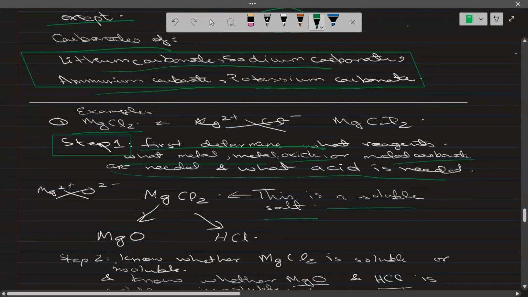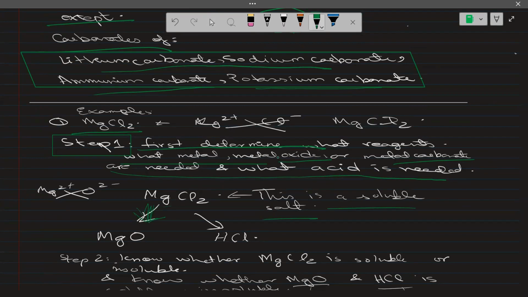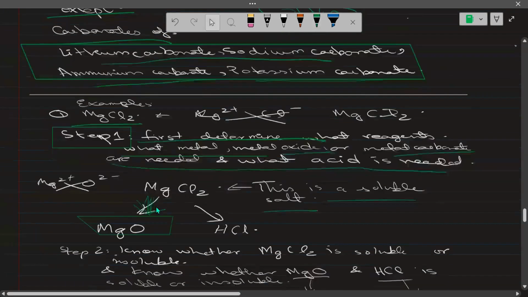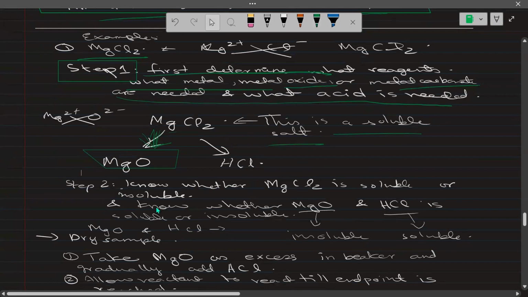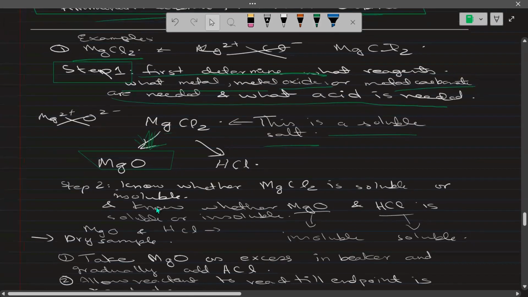So we will first think about which category it comes in: magnesium oxide or magnesium carbonate. First of all, we'll try it with magnesium oxide. Why magnesium oxide? Because all metals form oxides, so we don't have to think too much and can just write magnesium oxide.